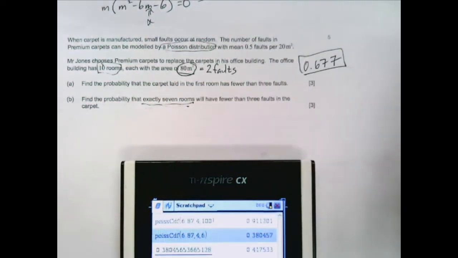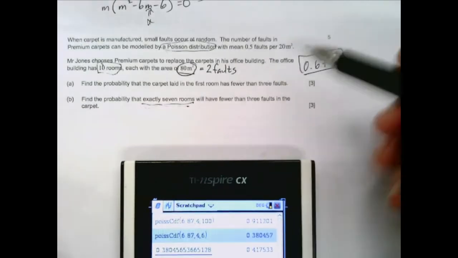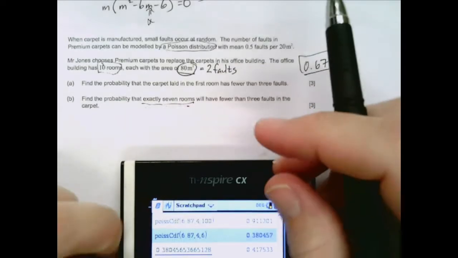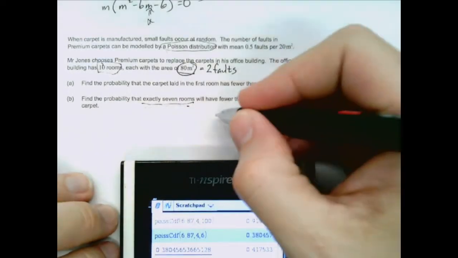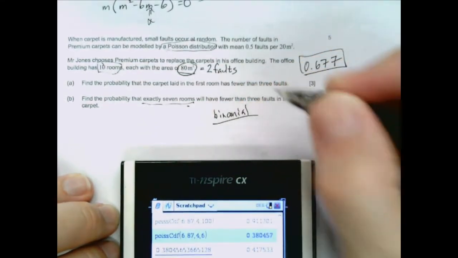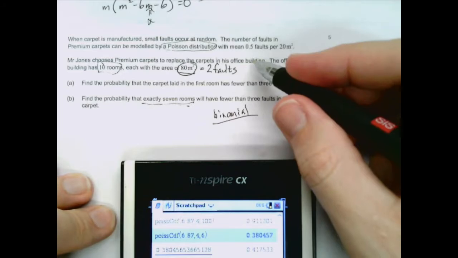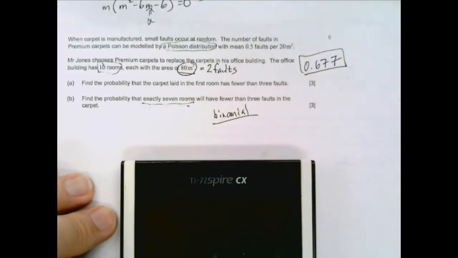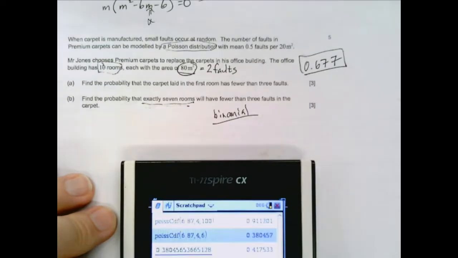Okay, this should sound a lot like a binomial distribution. 10 different rooms, each one with exactly the same probabilities of faults. So this is now a binomial distribution. And that's the hardest part of this question, recognizing that the first question is Poisson, the second question is binomial. So I'm going to go into my binomial distribution.